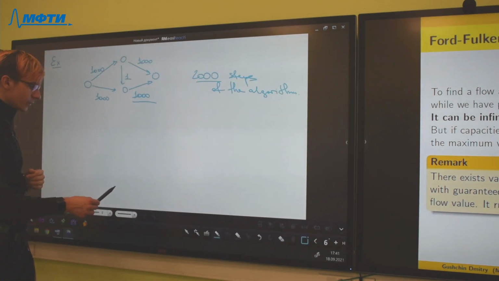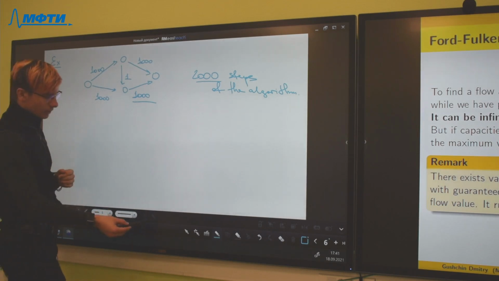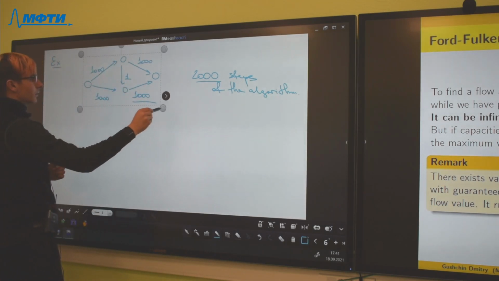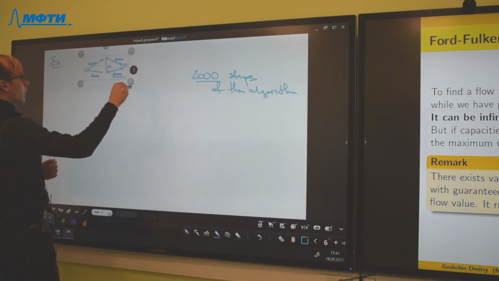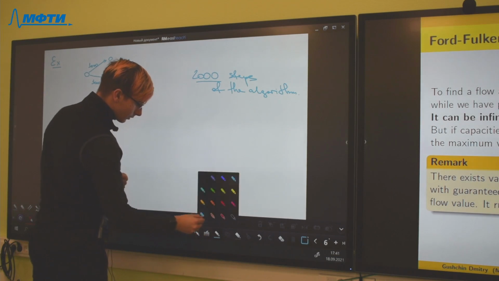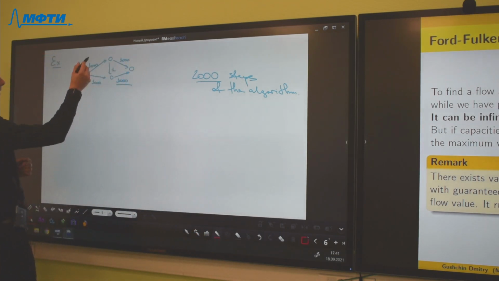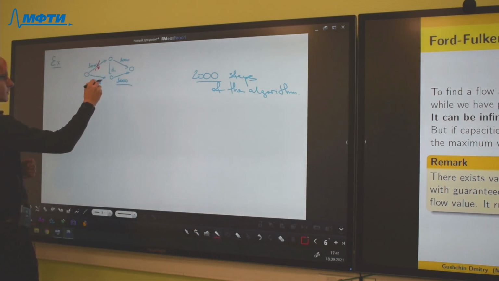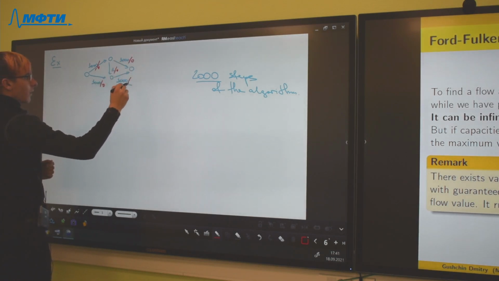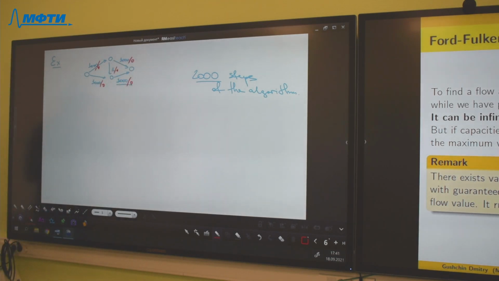So, for example, if we try to understand it, we get an augmenting path, and initially we have 0 flow.